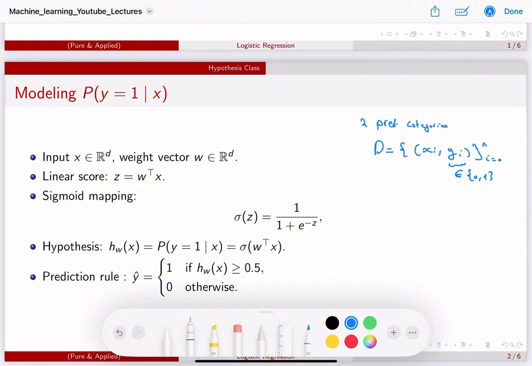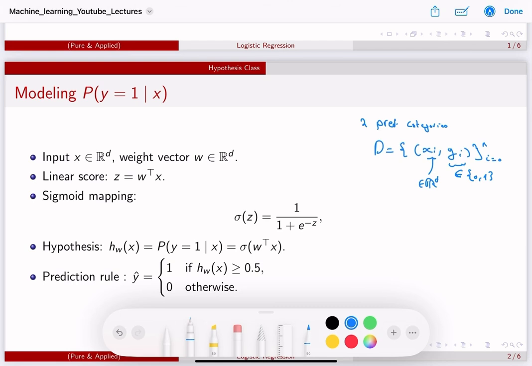The 0 is going to encode the first predefined category, and the 1 is going to encode the second predefined category. For example, 0 can encode that an email is not spam, and 1 can encode that an email is spam. And remember, usually the feature vectors are in R^d, and d is the number of features we're using to predict the label.